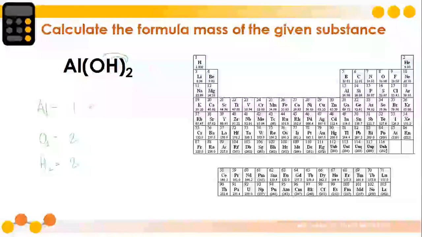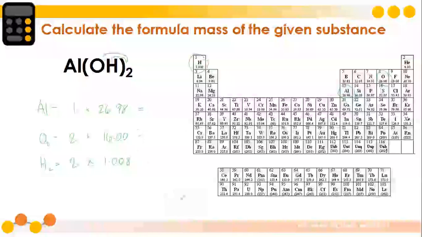And then again, you need to multiply it with their atomic masses. So for aluminum, we have 26.98. For oxygen, again, we have 16. And then for hydrogen, we have 1.008.